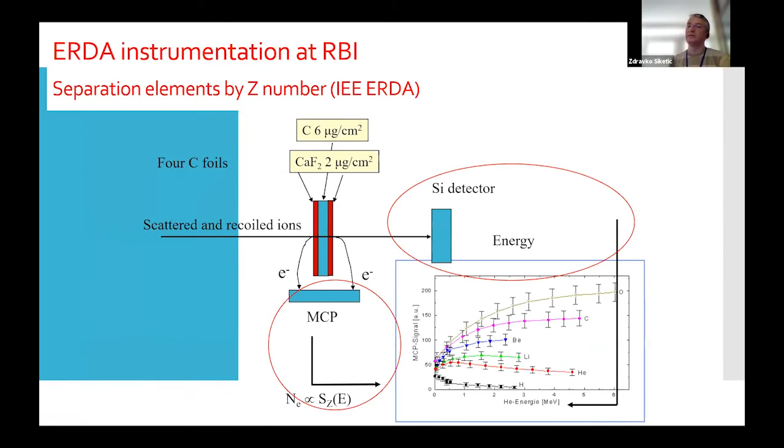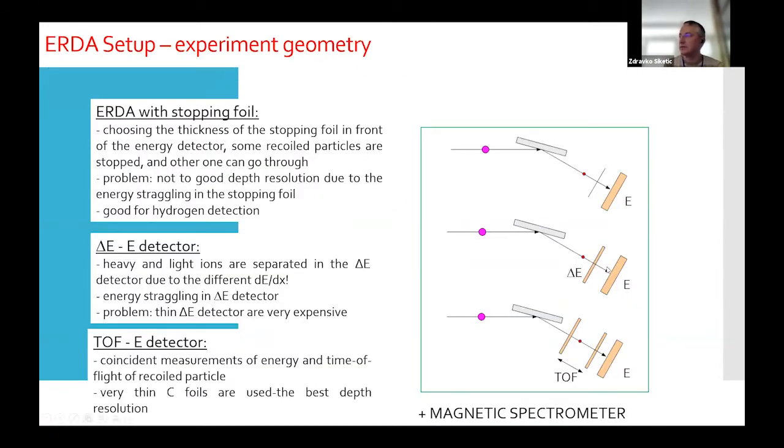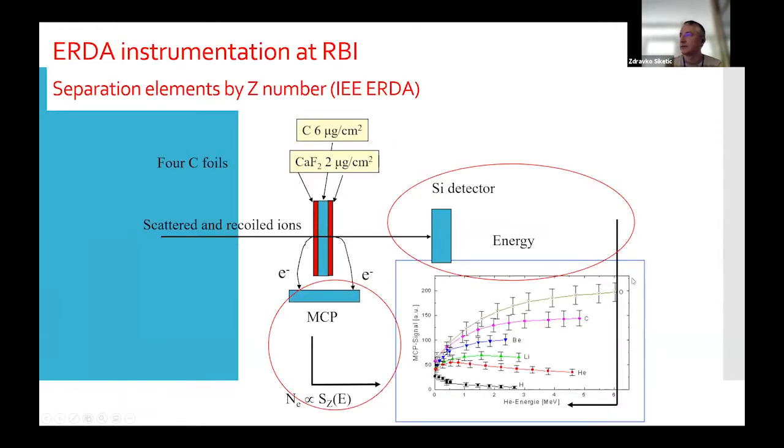I just wanted to show you what we have here at Ruđer Bošković Institute. We have two types of spectrometers for ERD. One is the ion electron emission ERD system. It's quite similar to this delta E-E setup, but instead of the delta E detector, we have a detector which consists of a thin carbon foil and an energy detector. When the ion passes through the thin carbon foil, it emits electrons, which are multiplied by a microchannel plate detector.